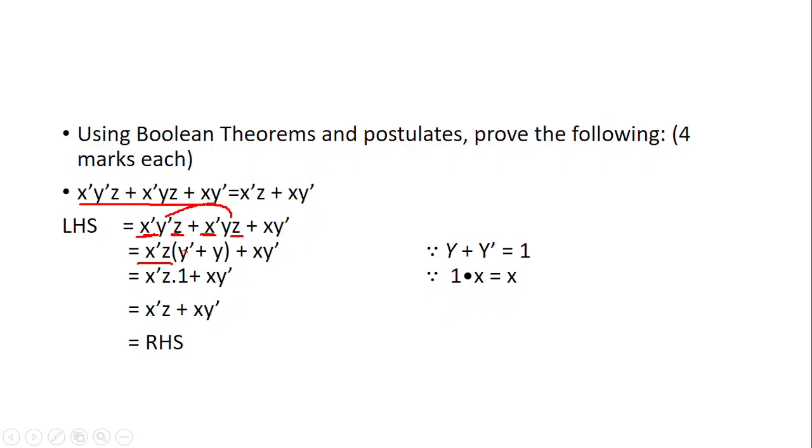Just take the common term and keep the remaining term as it is. You don't touch it. You know very well, y plus y bar, a term with its inversion, is 1, and 1 into anything is the same. So you get this one, that is x plus z bar, x y bar.